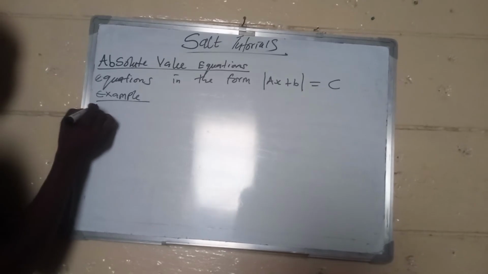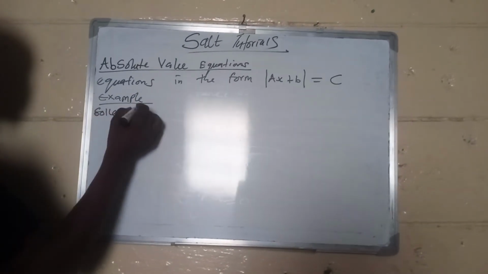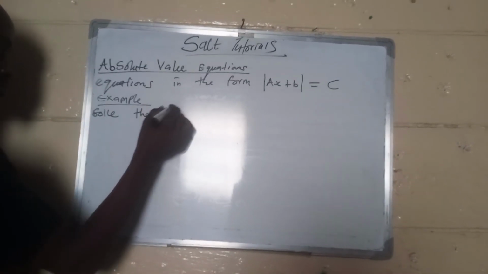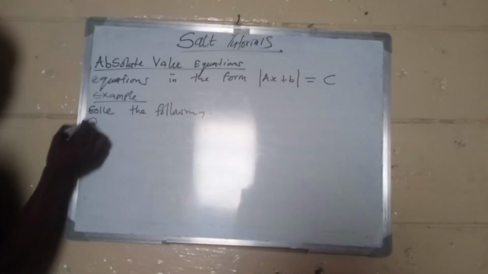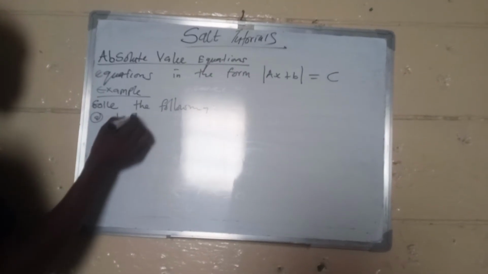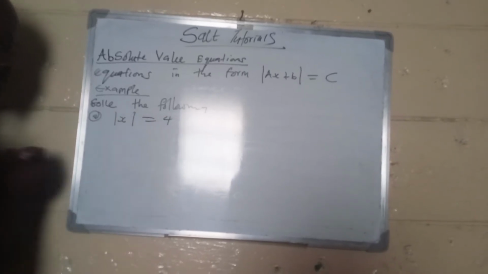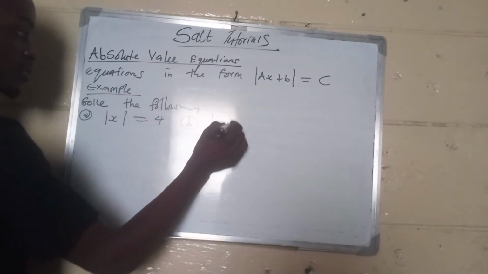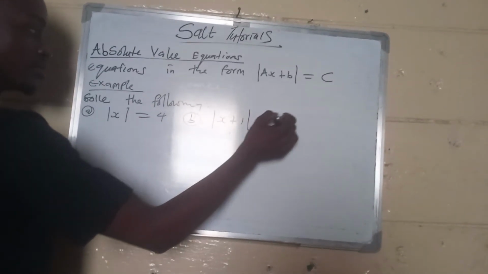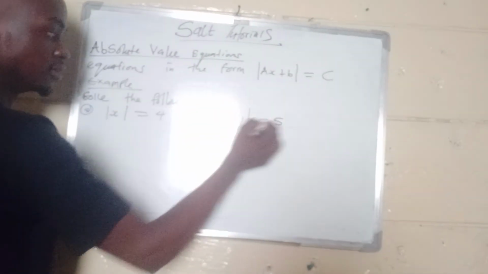Number one, we're going to solve the following equations. A, solve the absolute value of x equal to 4, which is the simplest. B, solve the absolute value of x plus 1 equal to 5.